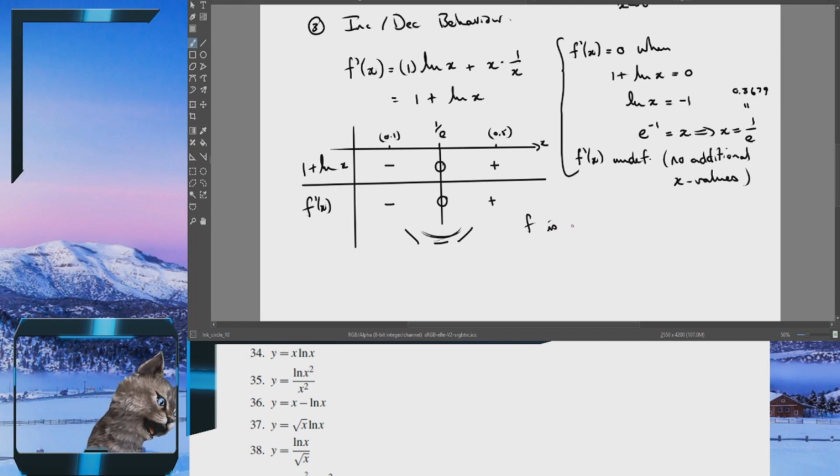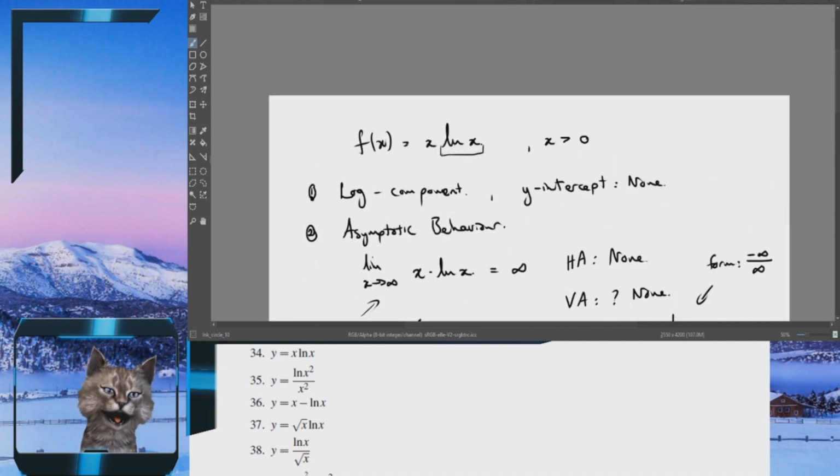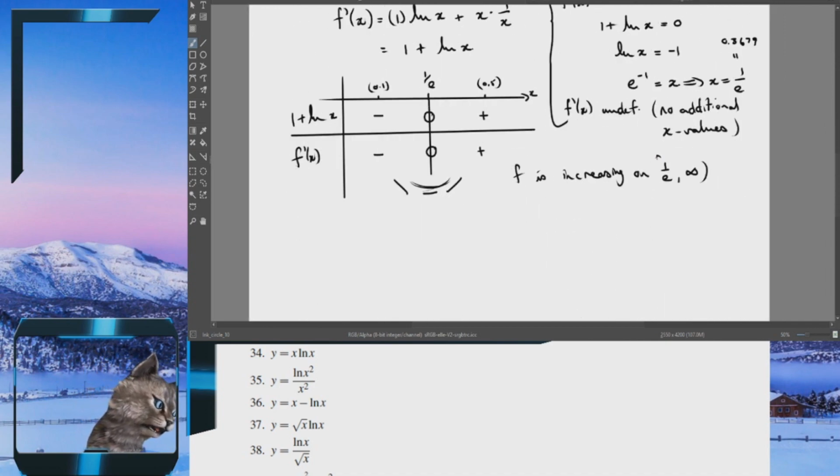We can write our sentences. f is increasing on 1 over e to infinity. Should I include 1 over e? Do I have a y value when I plug in 1 over e? Yes, I definitely do. And f is decreasing on negative infinity to 1 over e. Don't do this out of habit.